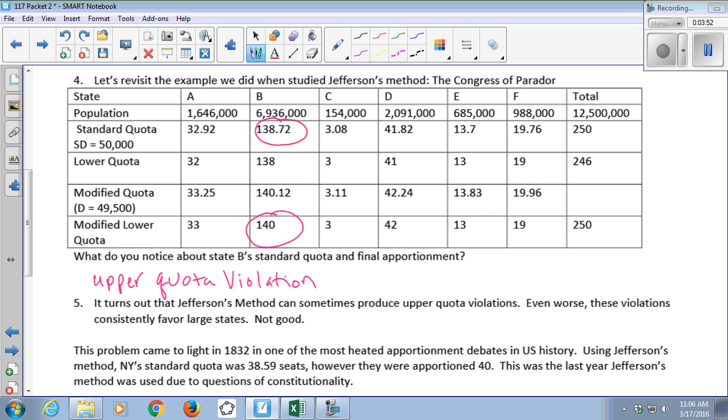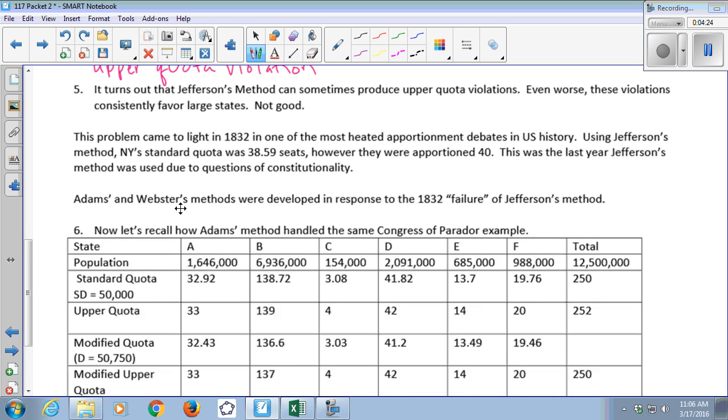You notice that the state that got the extra seat, that got more than their upper quota, was the largest population state. And that's not a coincidence. It turns out that Jefferson's method does sometimes produce upper quota violations, but even worse is that they consistently favor large states. It tends to be the large states that get the benefit of that upper quota violation. So that's not good. And this problem came to light in 1832.